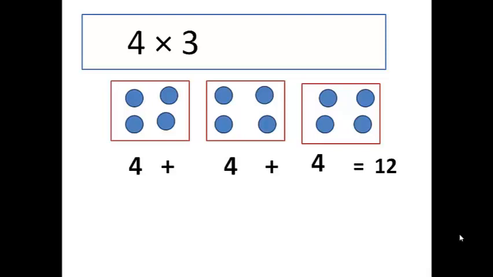4 times 3 means 4 threes or 3 fours. 4 plus 4 plus 4 equals 12. It means 4 times 3 equals 12. Again, remember, multiplication is repeated addition.